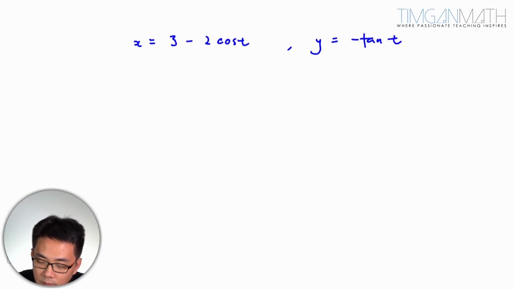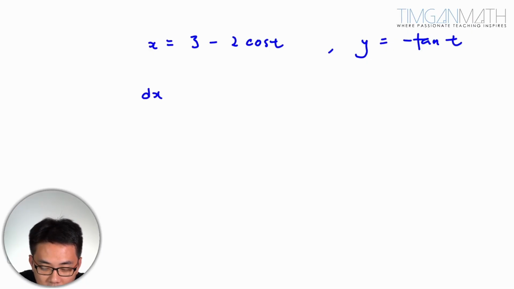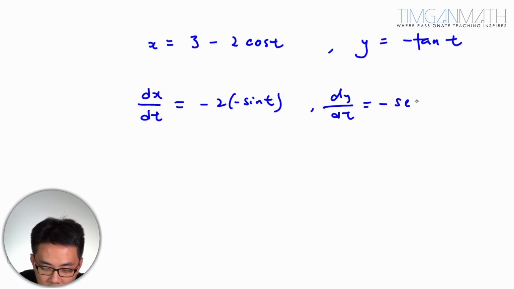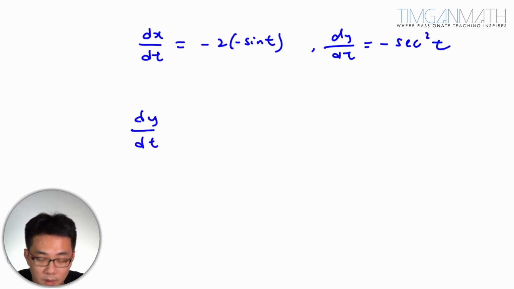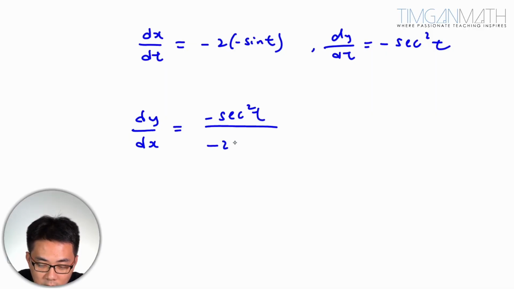In this case, dx/dt will just be negative 2 times negative sine t, and dy/dt will just be negative secant squared t. So dy/dx will be dy/dt over dx/dt, which is positive.